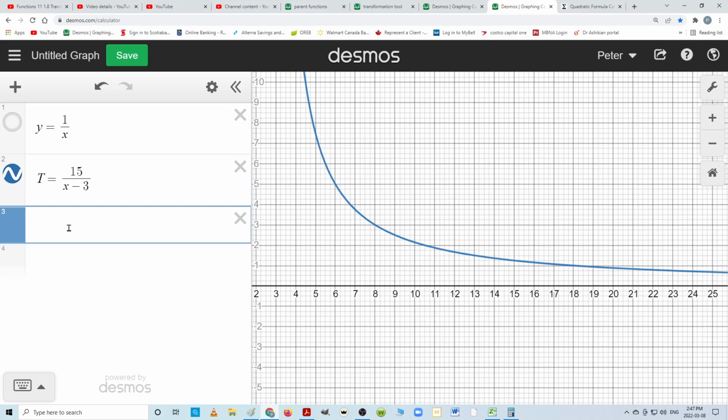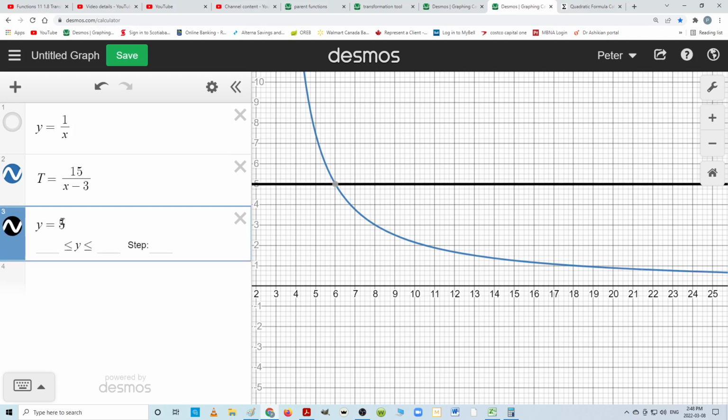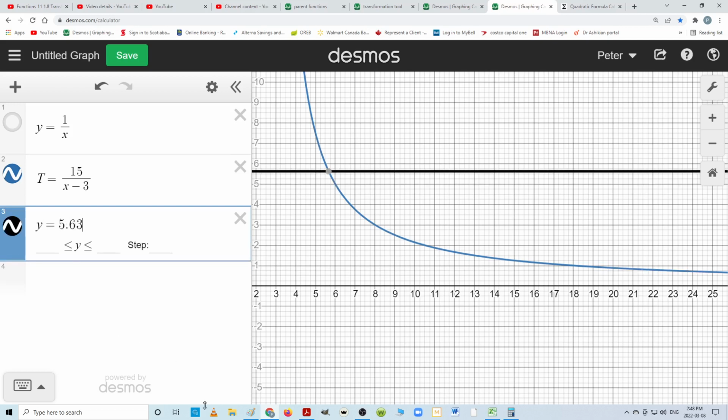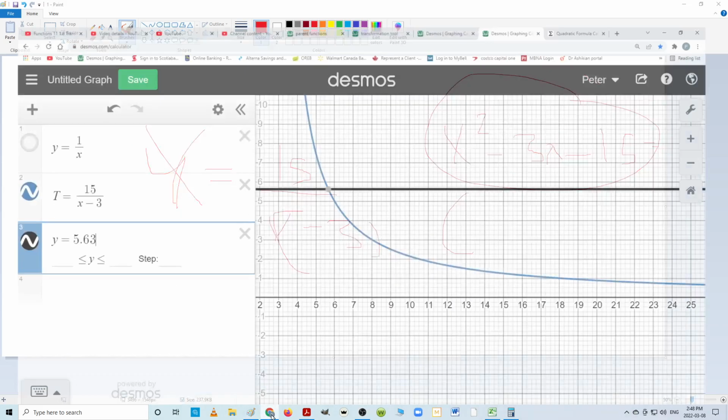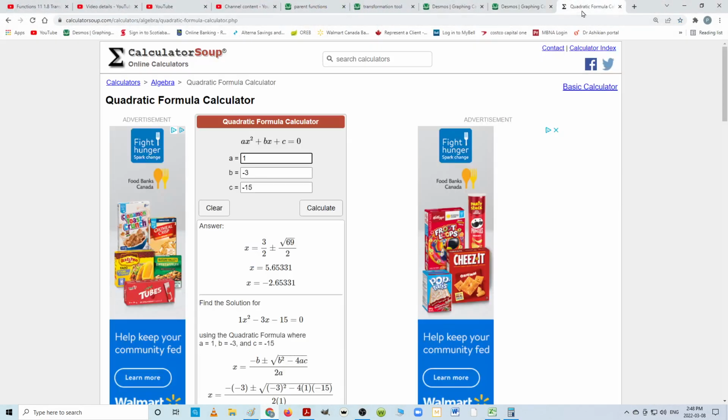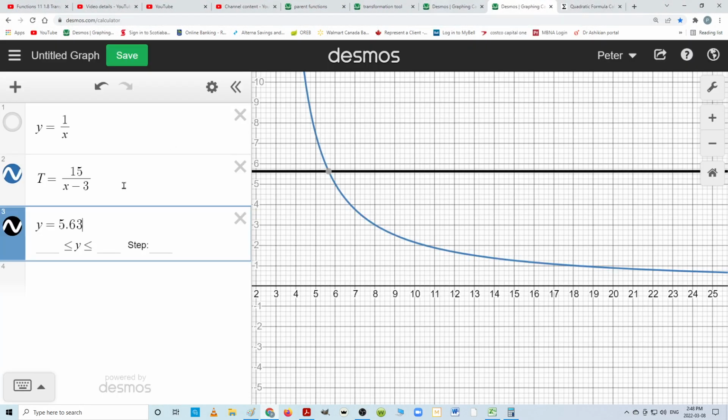I'll just draw a line y is equal to x minus 3 to find it. Should be there. Almost. That didn't work. Nope. So let's just try to find it instead. y is equal to 5.6, 5.63. What was it? 5.65331.